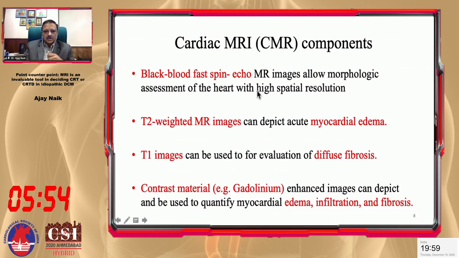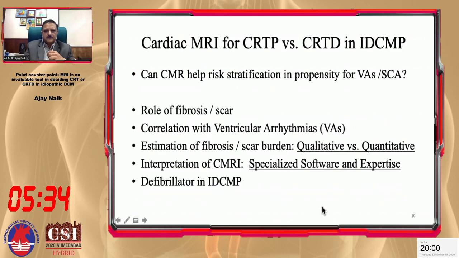Dr. Narang just talked about the MR components. Black blood, fast spin echo MR images allow morphologic assessment of the heart with high spatial resolution. T2 images we can look at myocardial edema, T1 images for the diffuse fibrosis. And when we use gadolinium contrast, we get a better idea of edema, infiltration, fibrosis.